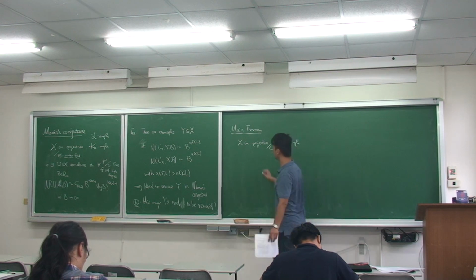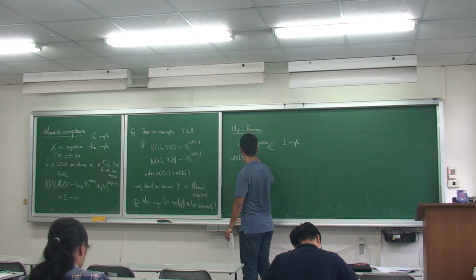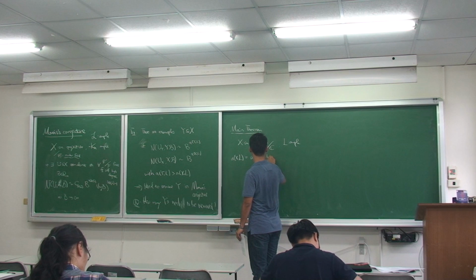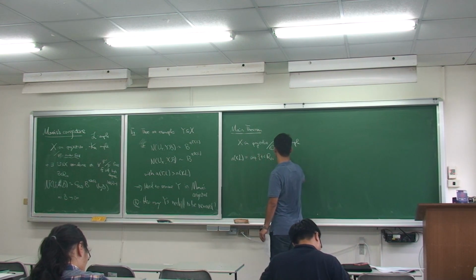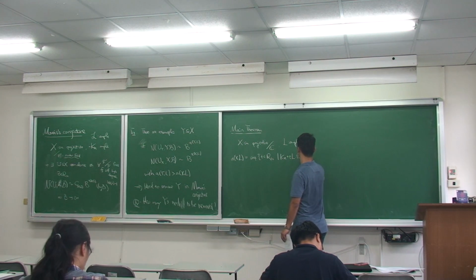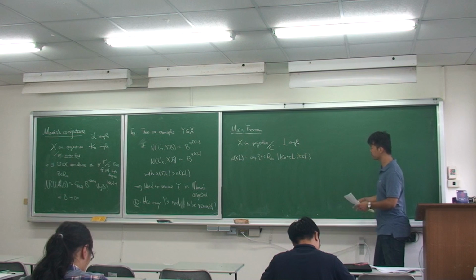So let me remind you what a(X, L) is. This is the infimum of t such that K_X plus tL is pseudo-effective. So a number is just a pseudo-effective threshold.